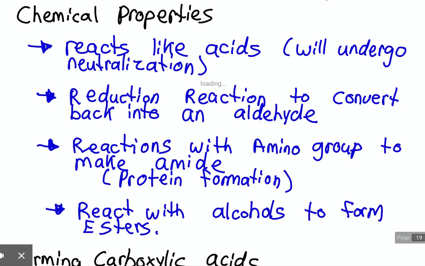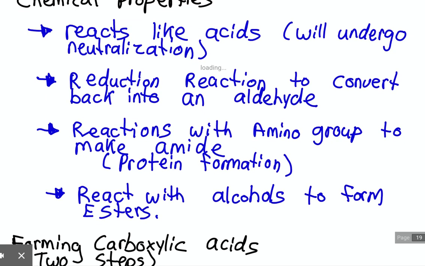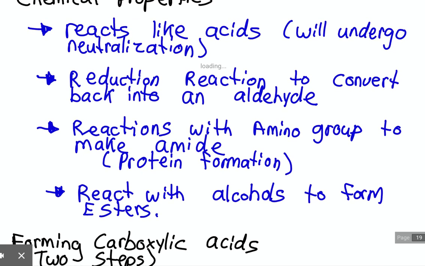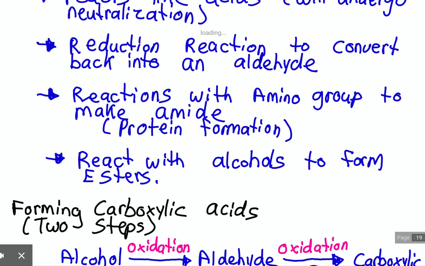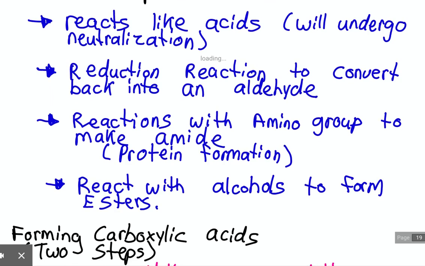You'll be very familiar with this if you've taken 4U biology already. And the other thing that they do is they react with alcohols to form esters. So our carboxylic acids are involved in a lot of reactions. What we're going to do is look at how we can form a carboxylic acid. And so actually make sure you got these properties down.